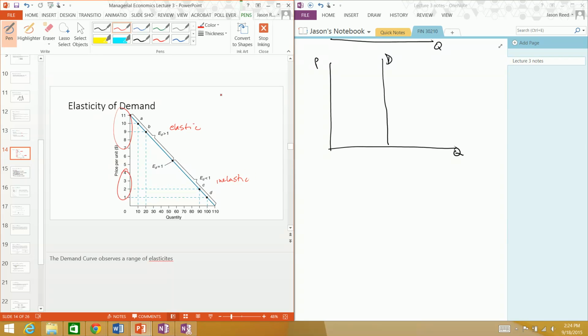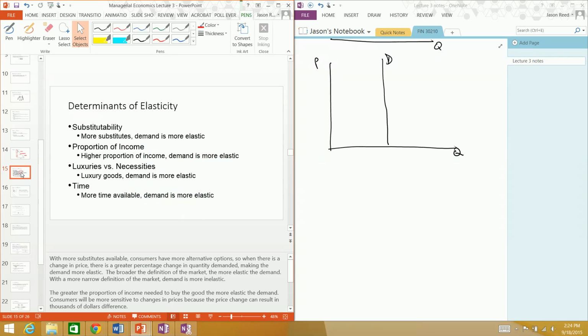Right? But if we move down in price or up in quantity, we're moving to this unit elastic area. And that's going to be important for us as we move into understanding the relationship between total revenue and elasticity. But before we get there, we want to describe, well, how do we change elasticity, or how do we better understand what elasticity is doing for us?